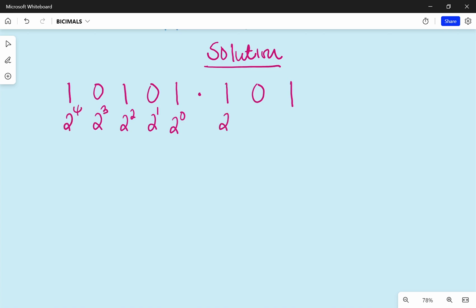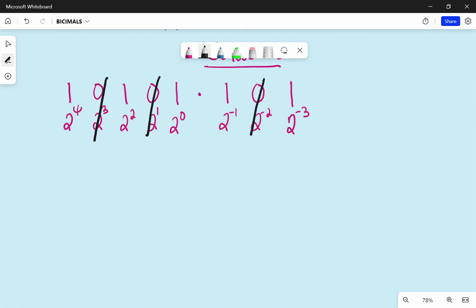This is 2 power negative 1, 2 power negative 2, 2 power negative 3. Okay, so those with zeros are none of my business, so I'm going to kill them. So this one will go, that one will go, that one will go.